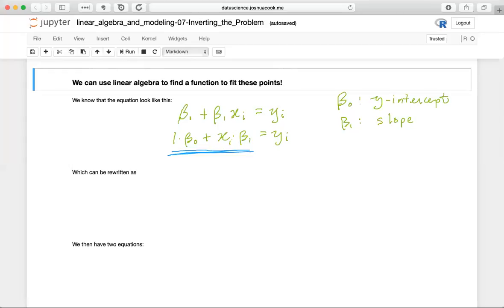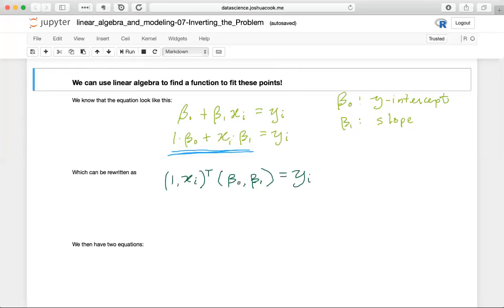So let's rewrite it using dot product notation. We're going to call it the vector 1, x sub I, transpose, a vector with 1 and x sub I as the values, times beta 0, beta 1, and this dot product is going to be equal to y sub I.